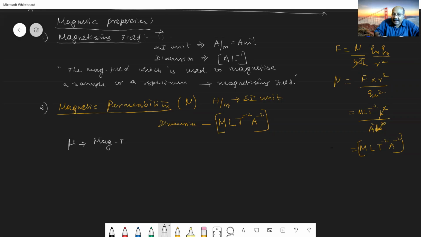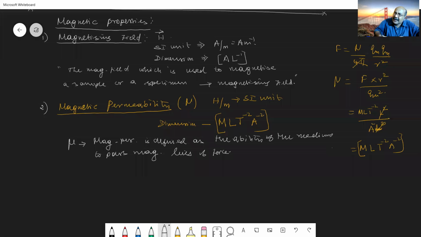We can define magnetic permeability as the ability of the medium to pass magnetic lines of force, or we can say it is the measure of the capacity of the substance or medium to take magnetization.